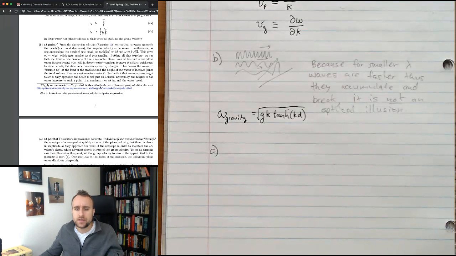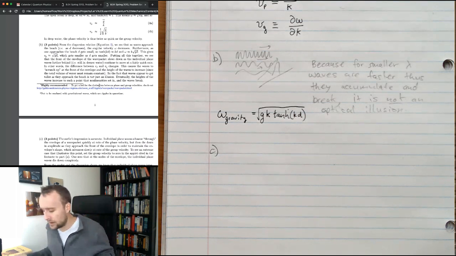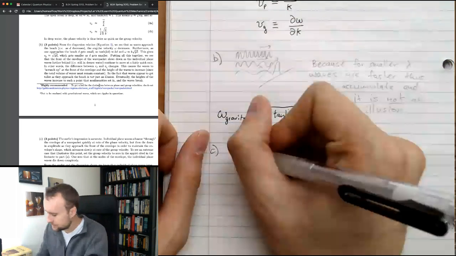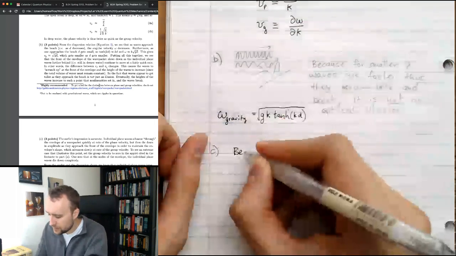The surfer's impression is accurate. Individual plane waves advance through the envelope of a wave packet quickly at the rate of the phase velocity, but then die down in amplitude as they approach the front of the envelope in order to maintain the envelope shape, which advances slowly at the rate of group velocity. Oh, right. Okay, so I'll write this down this way.